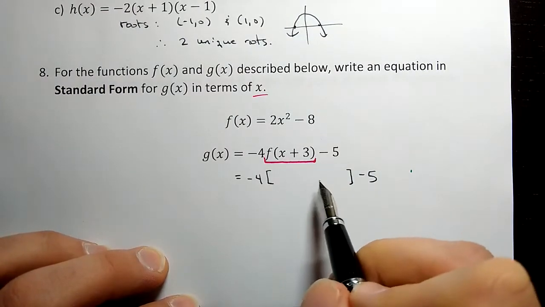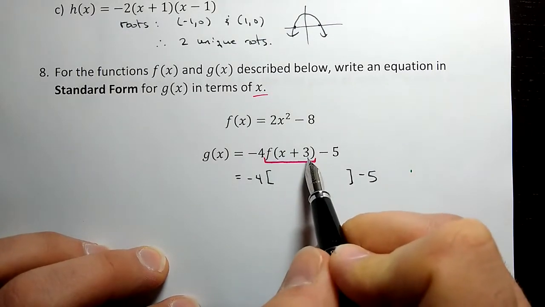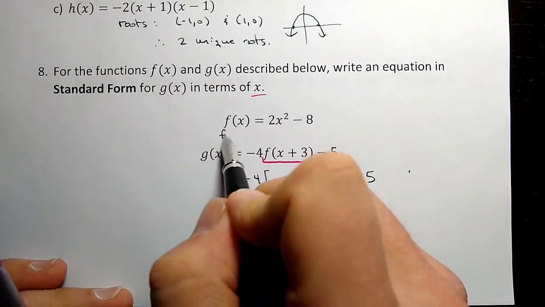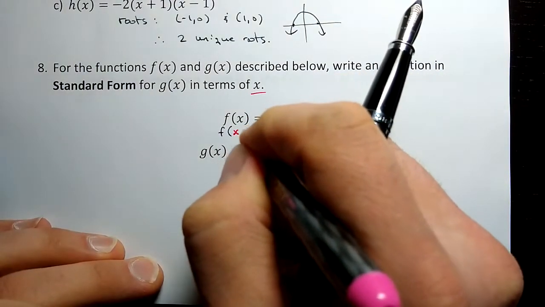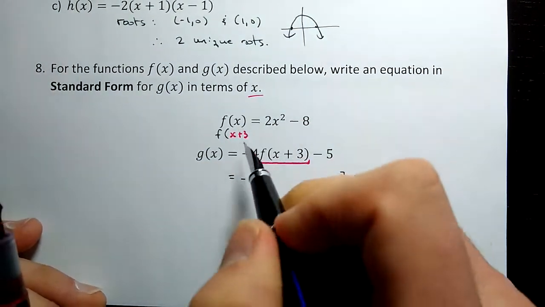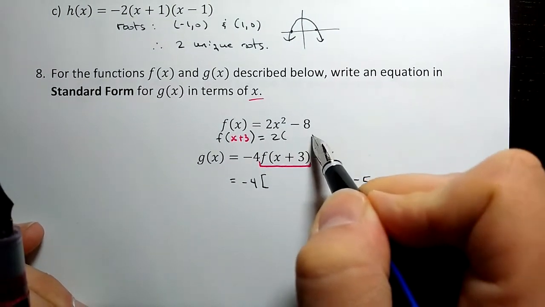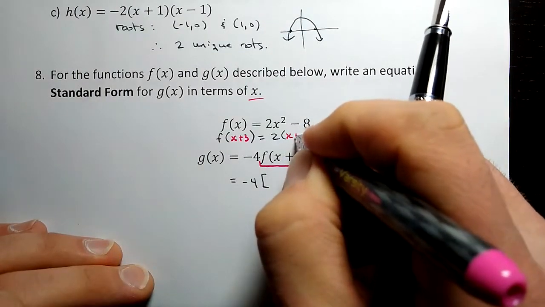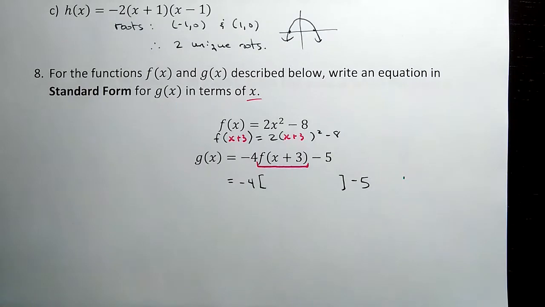This is something a lot of people have difficulty with, so let's watch carefully how this works. f of (x plus 3). Maybe I'll just write that up here. f of (x plus 3) is 2 times, instead of x we have x plus 3, that's squared, and minus 8 at the end.